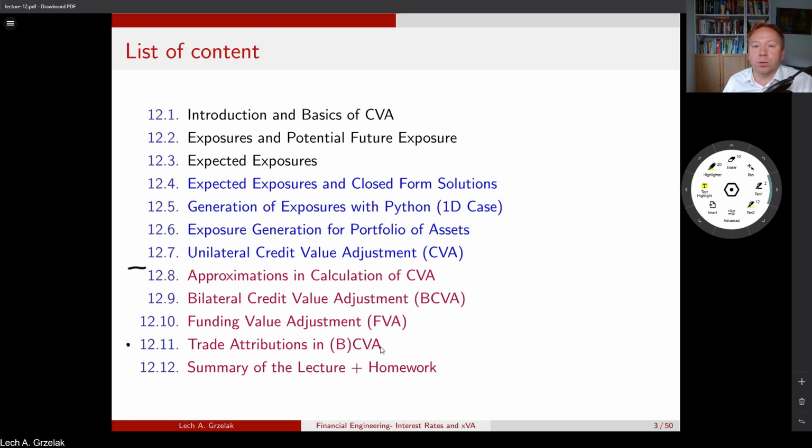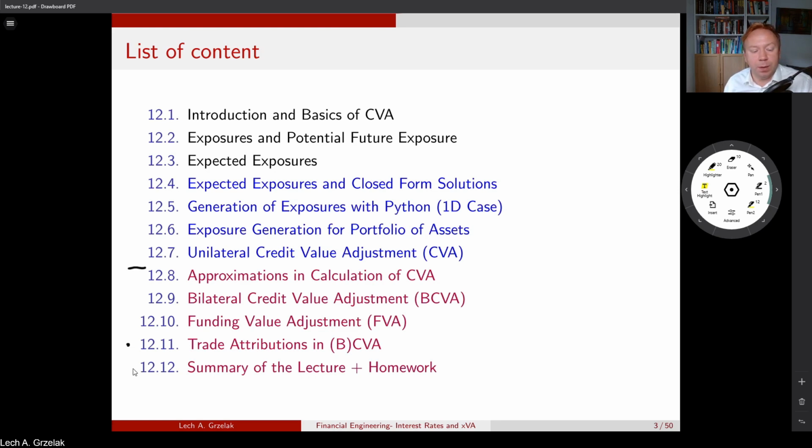In general, if you would like to calculate all the individual CVAs for all the trades, then we have a problem: the sum of CVAs is not additive, it's not equal to the CVA of the portfolio. In this point, we will discuss possibilities on how to avoid this problem of additivity, such that, through a certain representation, or by weighting the CVAs in a portfolio, they add up nicely to the overall CVA of the portfolio.